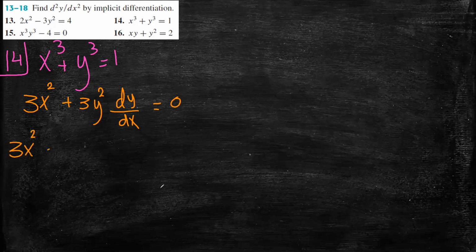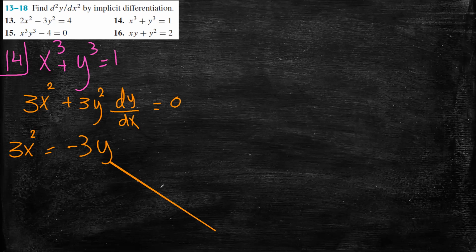3x squared equal minus 3y squared dy over dx.